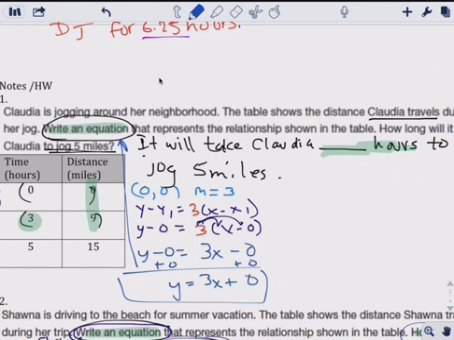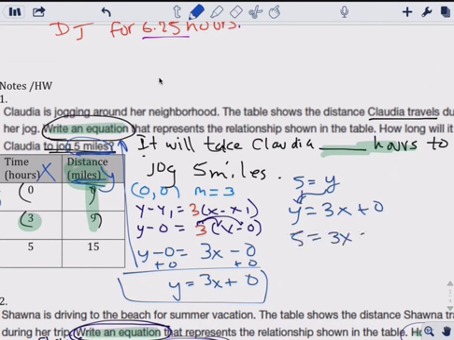We want to know how many hours it will take Claudia to jog 5 miles. So 5 miles is y. See, miles right here is y. The first one is x. So 5 equals y. We have y equals 3x plus 0. Plug in y here: 5 equals 3x plus 0.